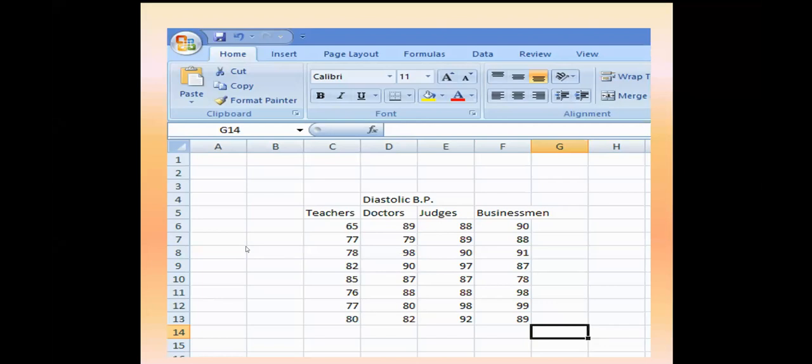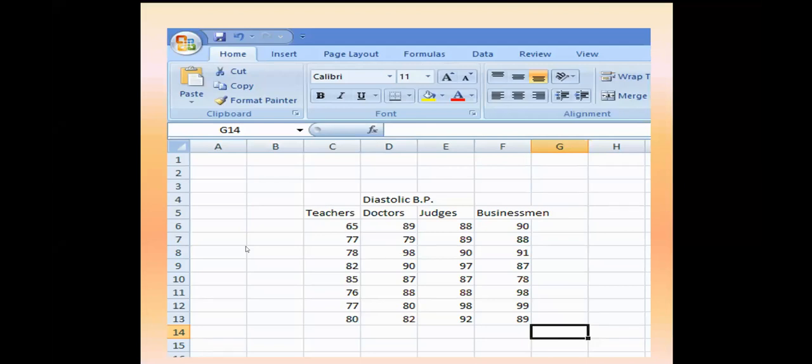So 8 individuals from each group have been considered for this study. 8 teachers, their diastolic blood pressure was measured. That is shown here. Doctors, judges, businessmen, their diastolic blood pressure was measured, and you can put your data in the Excel sheet in this particular manner.